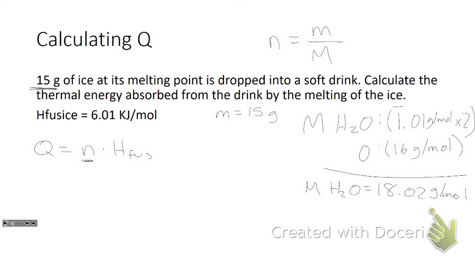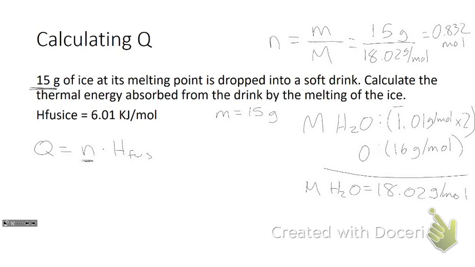So to find the number of moles, we do little m over big M. Our mass of the sample is 15 grams divided by 18.02 grams per mole, and that equals 0.832 moles.